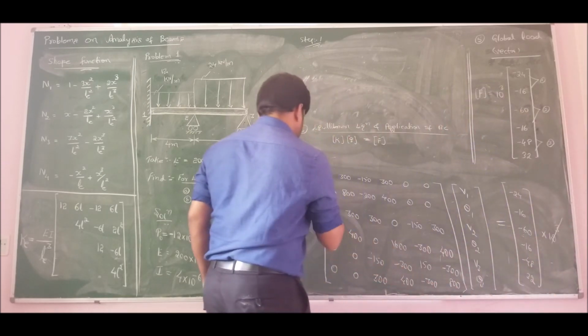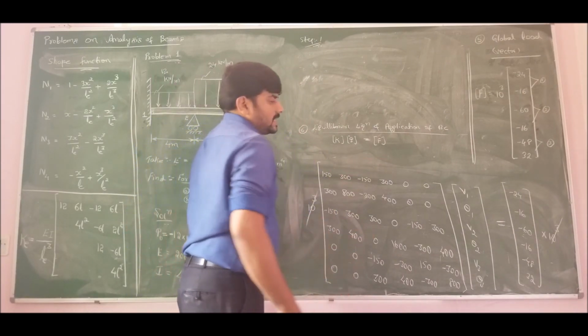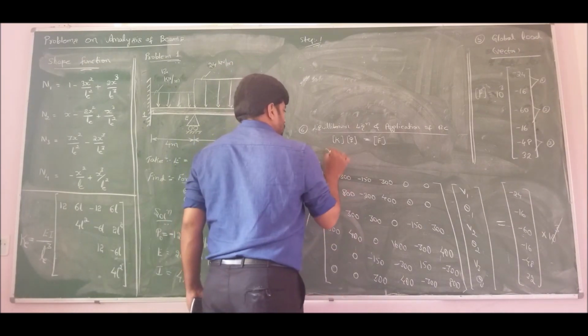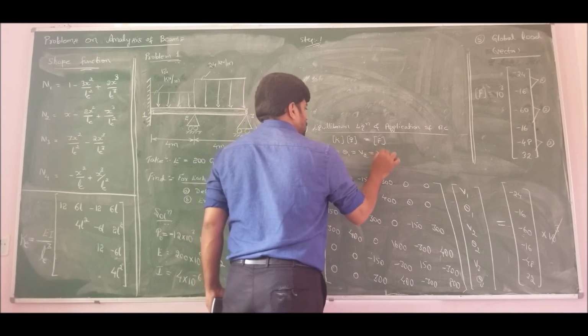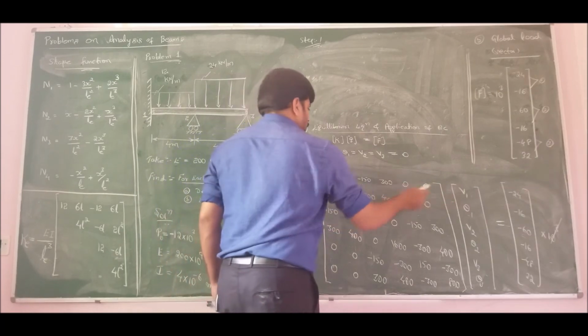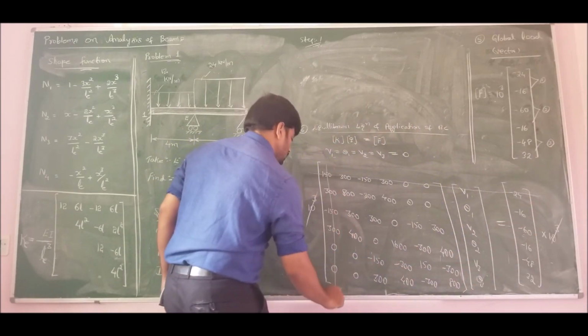I can cancel off 10 raised to 3 on either side, and the boundary conditions are noted down in our step 1. So from step 1 we have V1 equal to theta 1, which is equal to V2, which is equal to V3, all equal to 0. Therefore V1 is the first row, so eliminate the first row and first column.